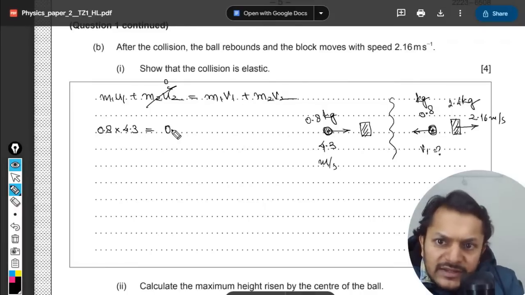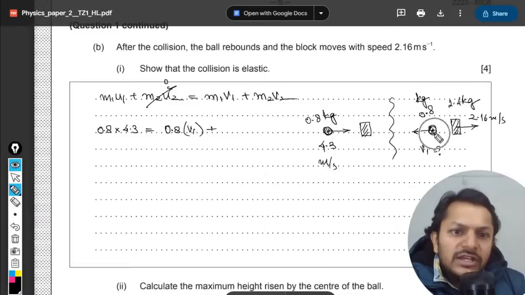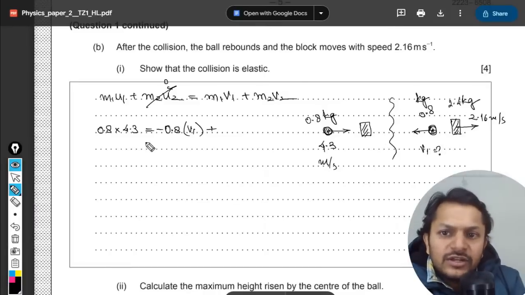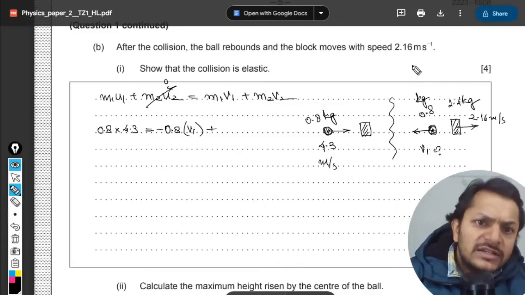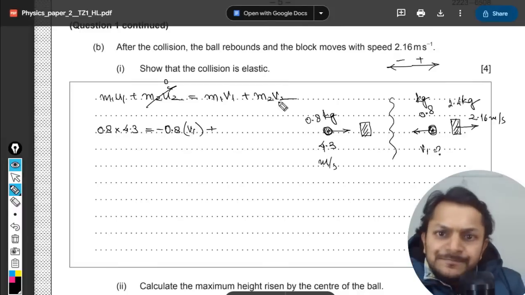m1 is again 0.8, but V1 we don't know. Now m2. See, this ball is now moving in the opposite direction, so there will be a negative sign also there, because these all are vectors. One direction will be taken as positive, another direction will be taken as negative.